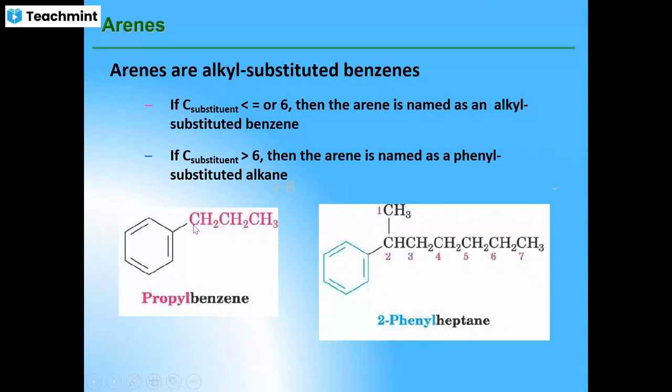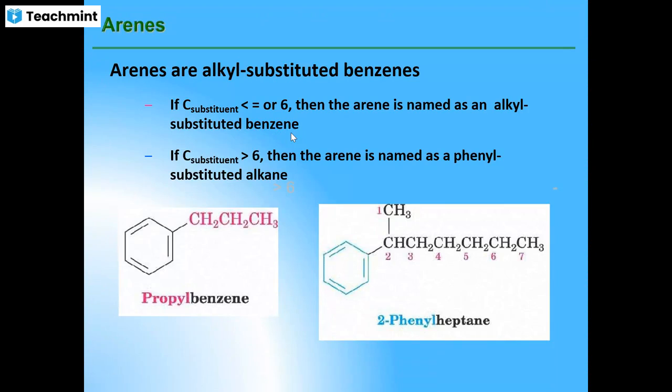The substituent is at only one place, so it is called a monosubstituent. But in the second case, you can see in this image 2-phenylheptane. In this case, benzene is used as a substituent on heptane. So what is the difference between these two? See here, if the number of carbons in the substituent is less than or equal to 6, then the arene is named as an alkyl substituted benzene.